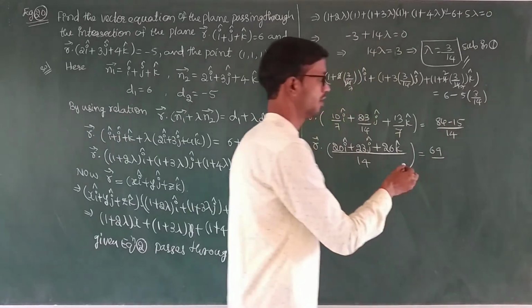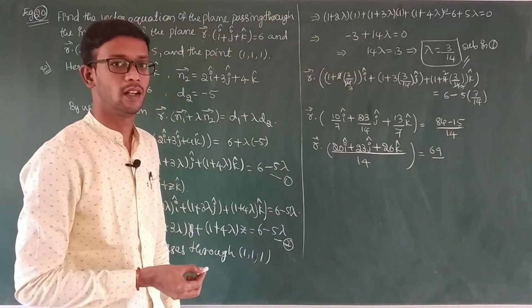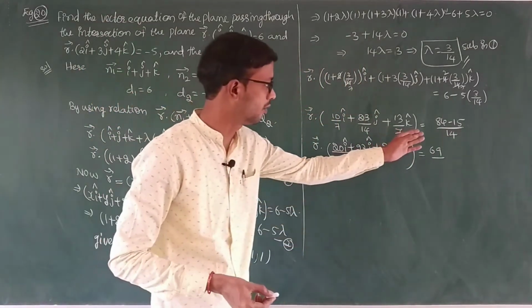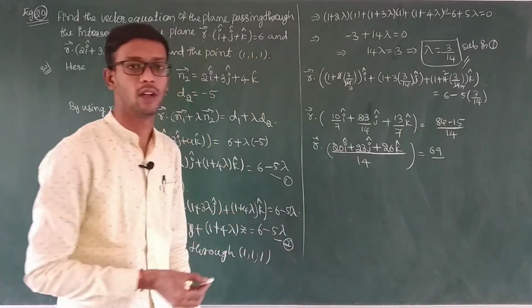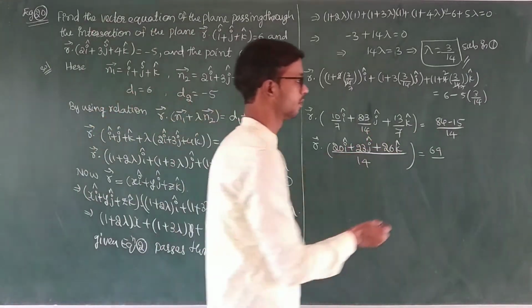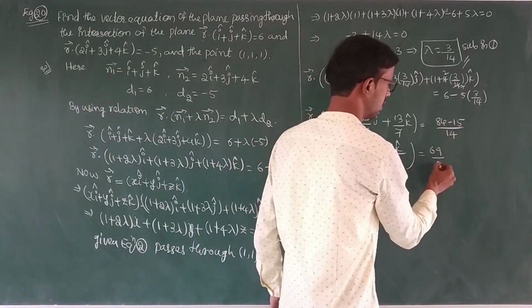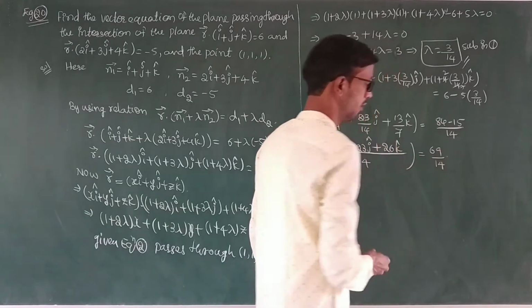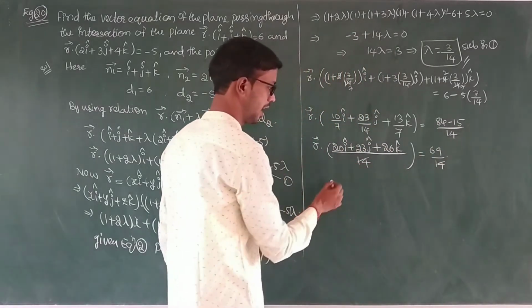This simplification: 84 minus 15. How much is it? 69 divided by 14. Here 14 and 14 get cancelled.